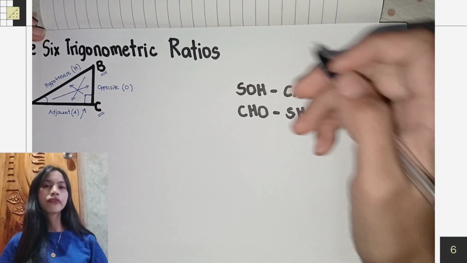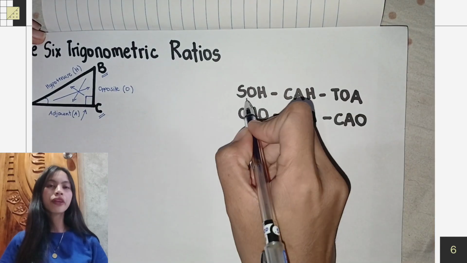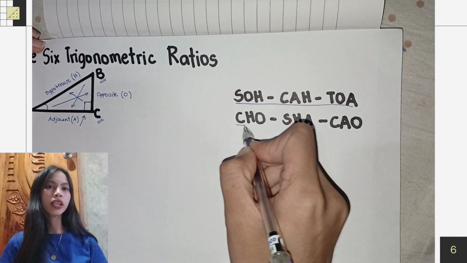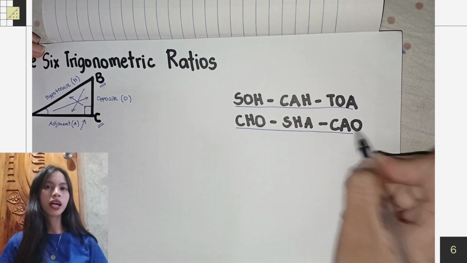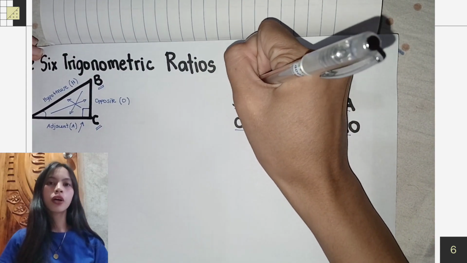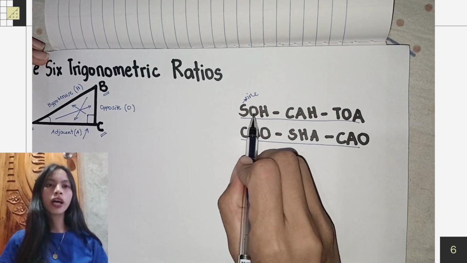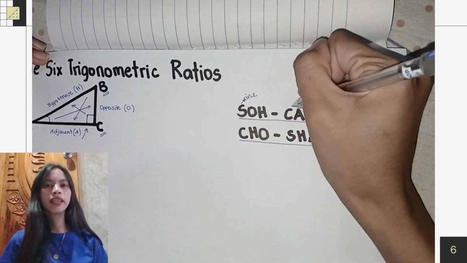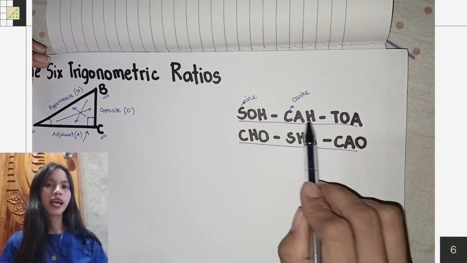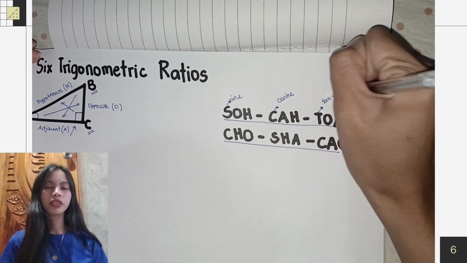Next, we will define the 6 trigonometric ratios. One of the common acronyms used in trigonometry is SOHCAHTOA and its reciprocal, which is CHU-SHAKAW. S stands for sine, and the O and H are the opposite and the hypotenuse. C stands for cosine, and the A and H are the adjacent and hypotenuse.